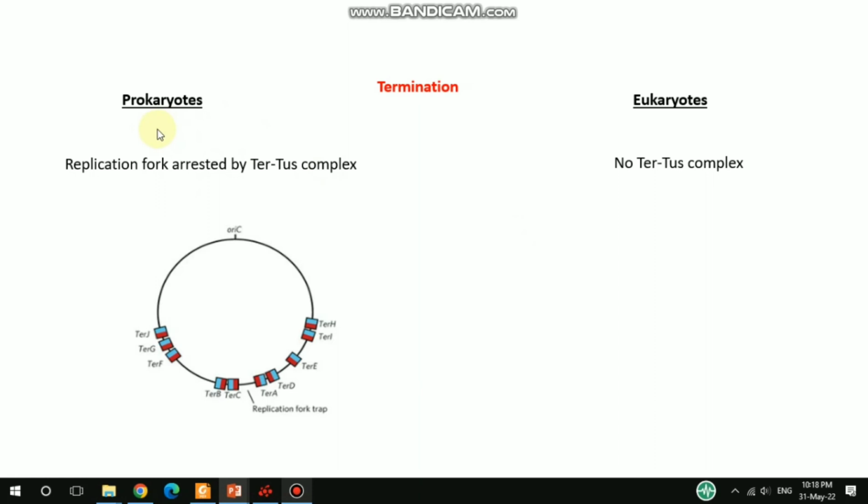In the prokaryotic system, the replication fork is arrested by the Tus-Ter complex. As you know, at the terminus site there are 10 different Ter sites, as you see in this figure. But in the eukaryotic system, there is no such Tus-Ter complex, so it has a different mechanism to arrest the replication fork.